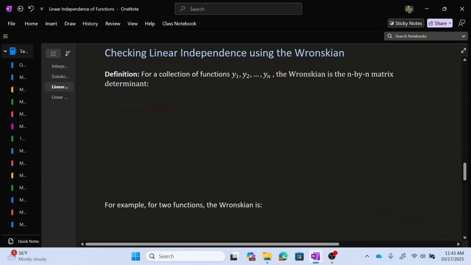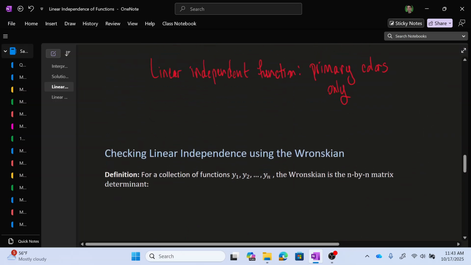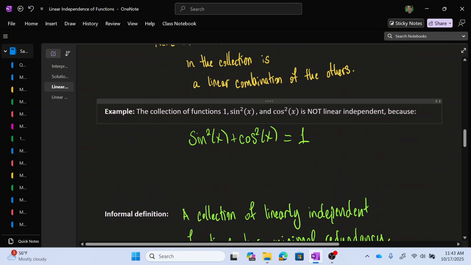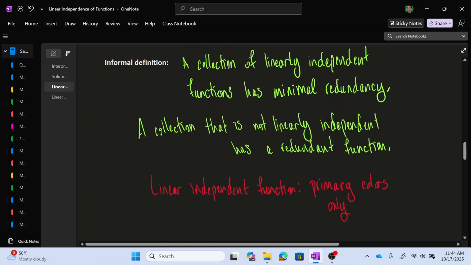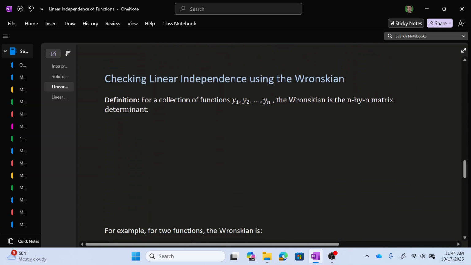In certain situations, it may be difficult to just look at a collection of functions and see whether there is redundancy in the collection or not. In this case, we had access to the Pythagorean identity, which made it very easy to see the redundancy, relatively speaking. But in more exotic cases, it may be very hard to just look at the collection and understand what's going on.